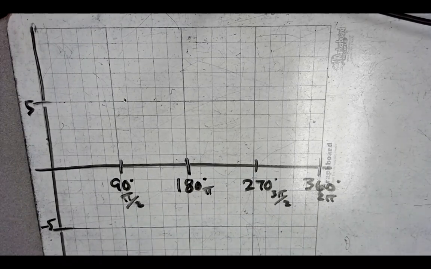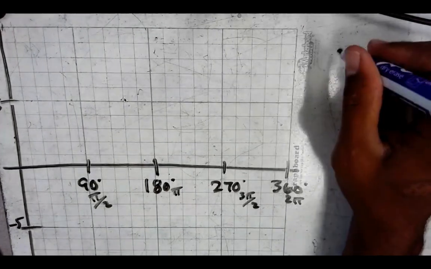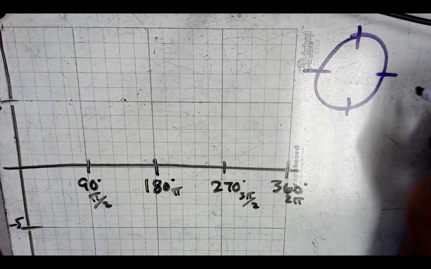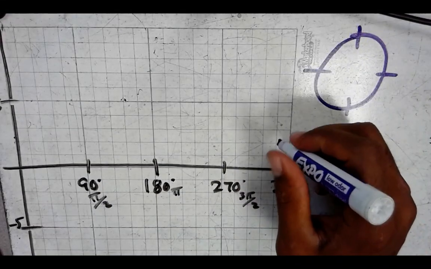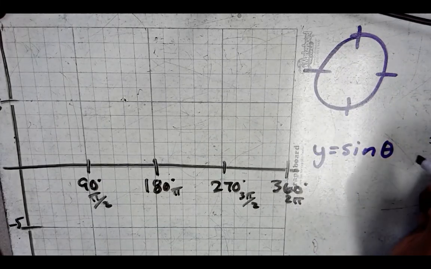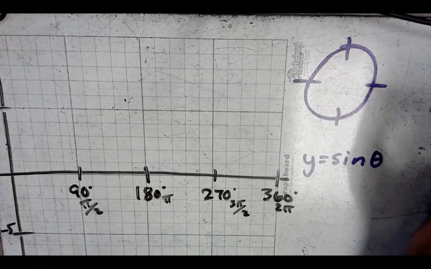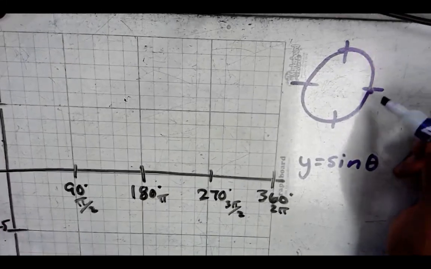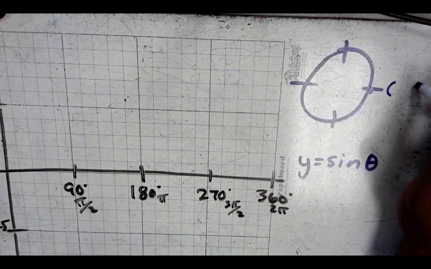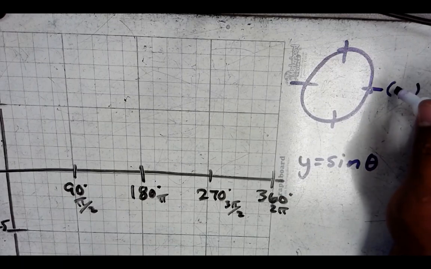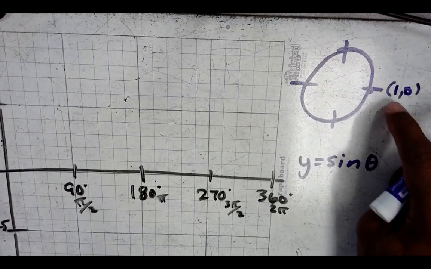All right, so let's start off by graphing sine, because that's what we did last week. And to graph sine, let's refer back to the unit circle, because that's what this is all based on. Okay, so we're going to start off again with sine, y equals sine of theta. When you start at 0 degrees, which on the graph is right here, the y value, which remember for sine, we're looking at the y value on the unit circle, the y value is 0.